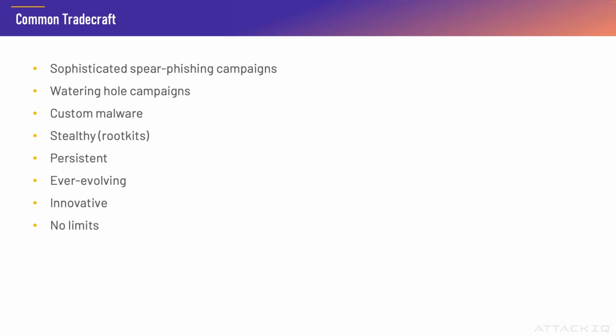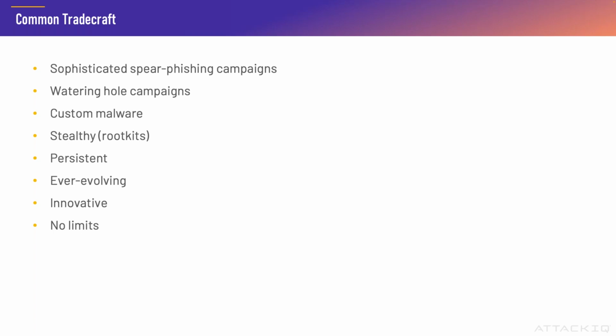So, common tradecraft. I touched on a couple of these already, the first two. They are known for running very sophisticated spearphishing campaigns, as well as watering hole campaigns and attacks. One thing they're also really well known for is using custom malware. Of course, Turla is malware in itself.